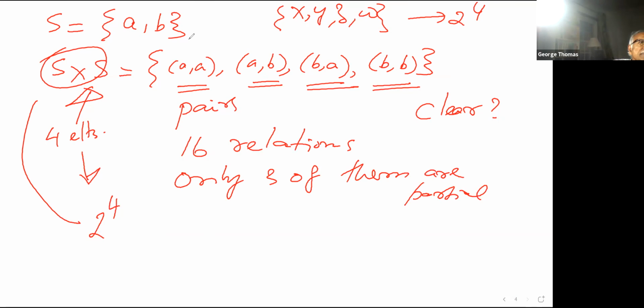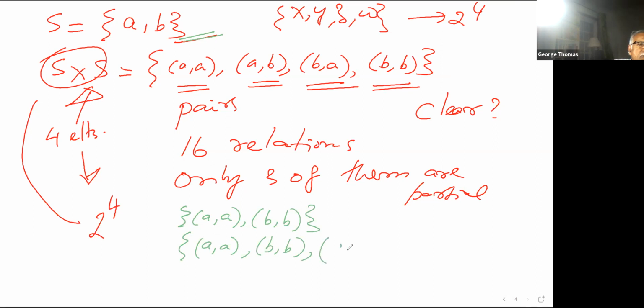So if S equals AB, first of all, I need to have... There is one. I'll show you why these are the only ones. You will be happy in a couple of minutes. Don't worry.